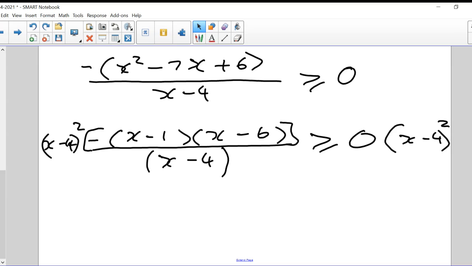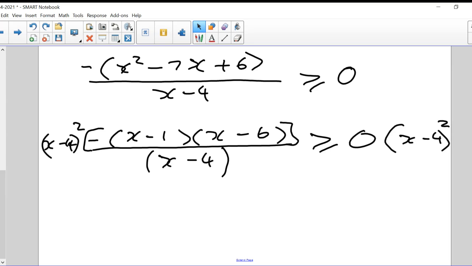Now I'm multiplying by something that's always positive, right? x minus 4 squared can never be negative. Would you agree with me on that? So it's not going to violate the direction of the inequality at all, so it's okay for me to do that.